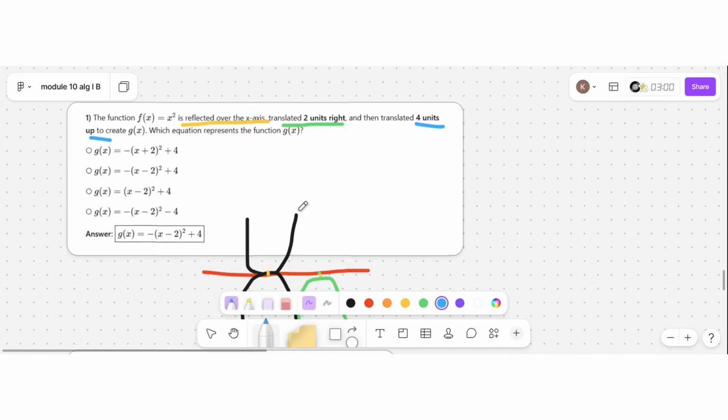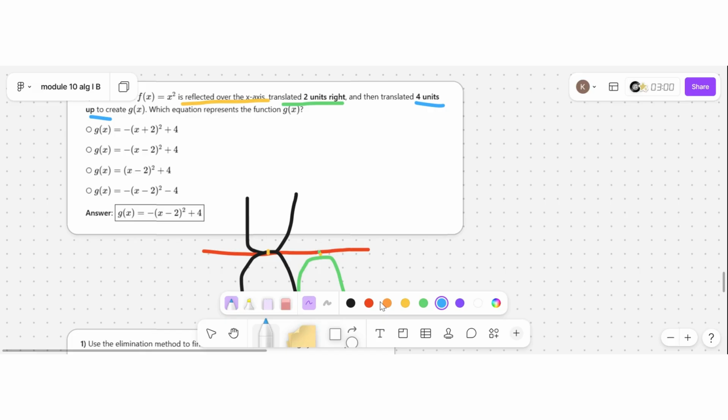So let's go 1, 2, 3, 4 units up, but it still stays the same direction. So now ideally the correct answer should look like this compared to our original graph here in black.